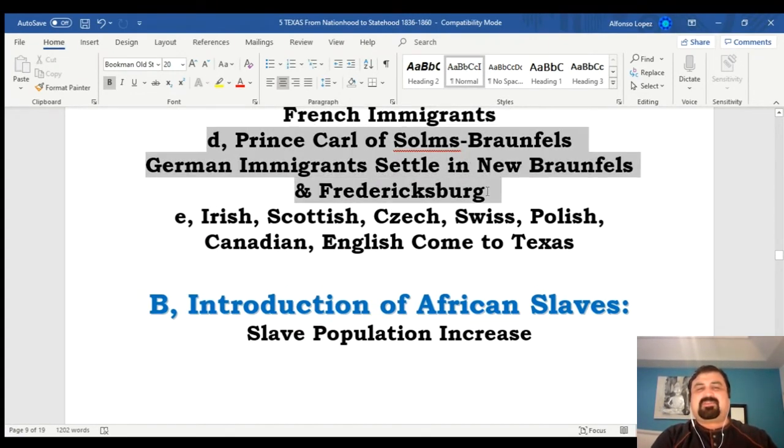And also there's going to be a German empresario, who is also going to receive a land grant to build a German colony. Prince Karl of Solms-Braunfels, that was his name.